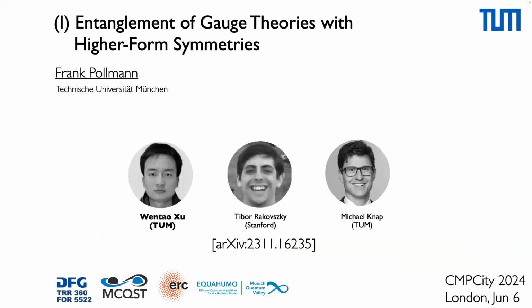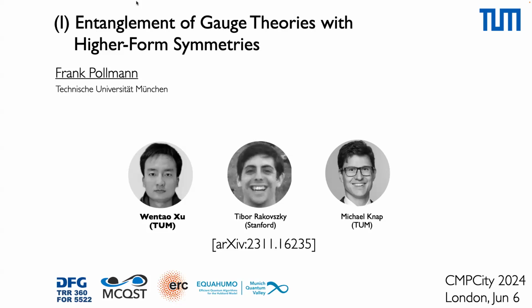So let me now quickly come to the second part, where I want to take these toric code states, for which I previously only mentioned the entanglement properties. I recently learned about this from a collaboration that was really driven by Wentao, who is a postdoc in our group, and Tibor, who was a student in our group, and my colleague Michael Knapp.